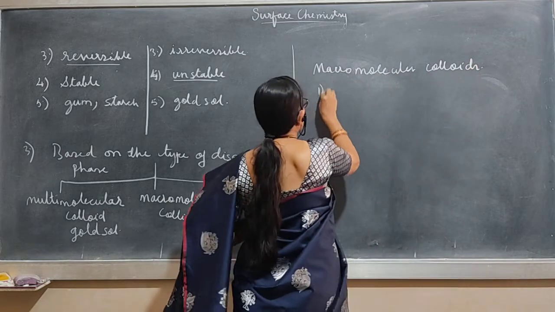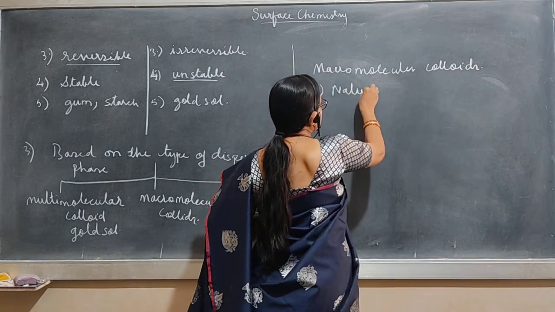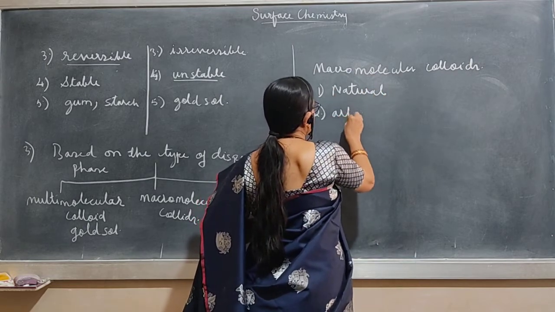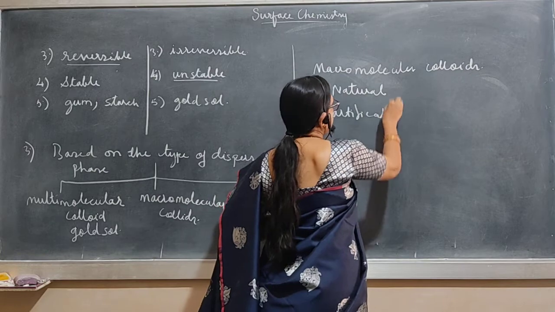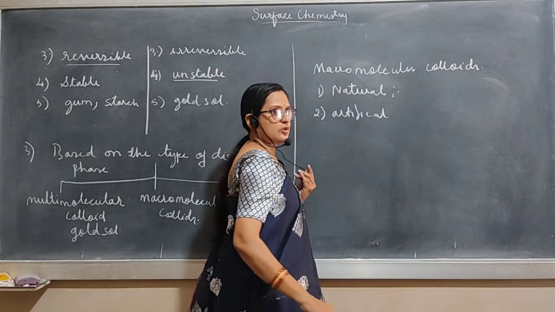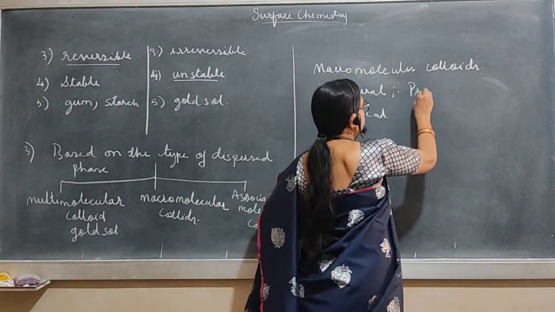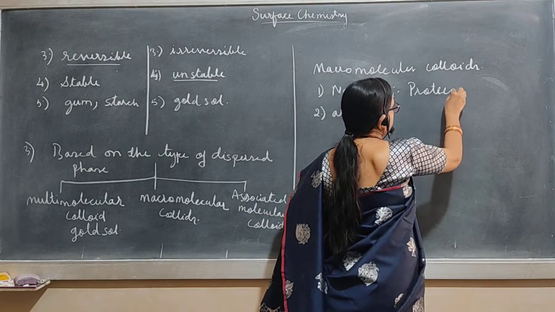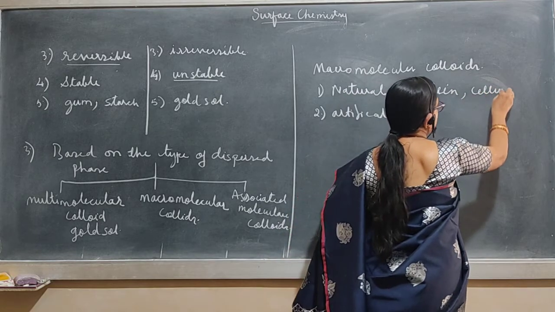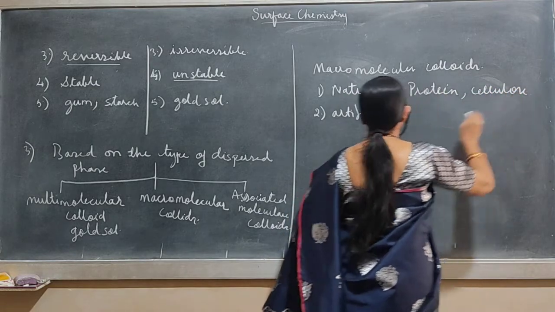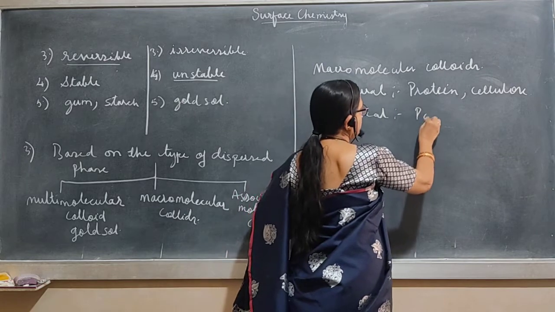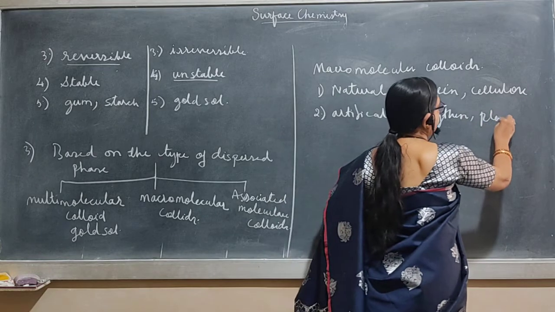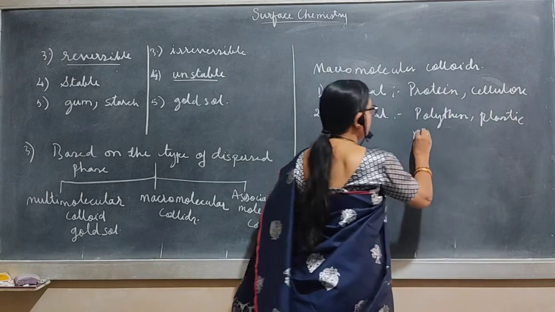One is natural and another one is artificial. In natural macromolecular, you can take an example of protein, cellulose, whereas in artificial, the examples are polythene, plastic, nylon.